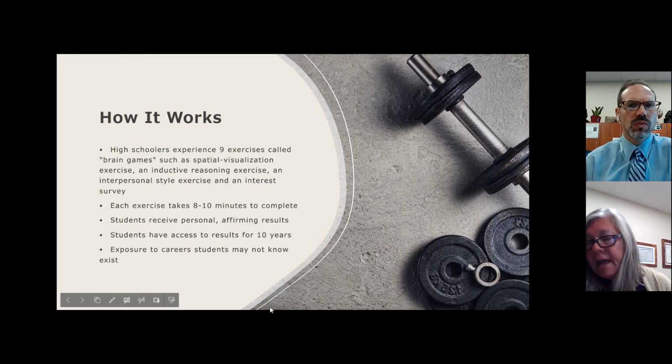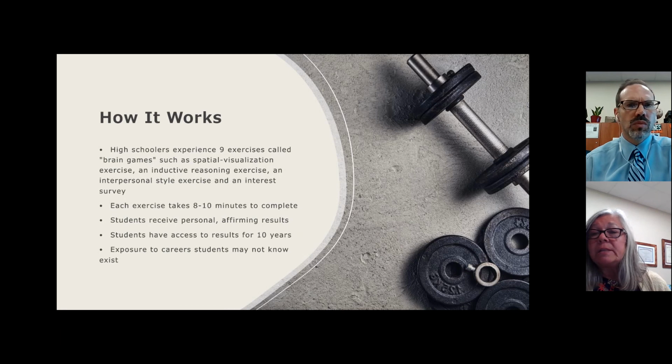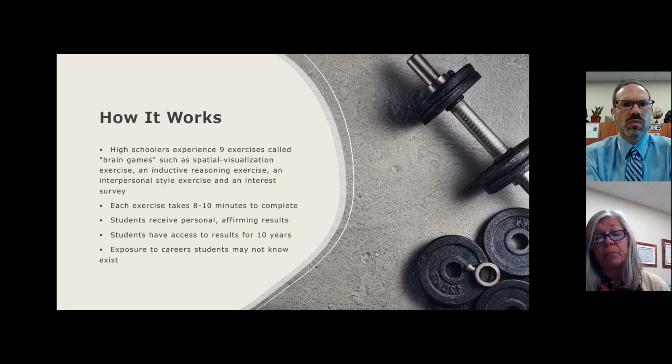So how does it actually work? What really happens with YouScience? High schoolers will experience 9 different brain games, 9 different exercises. There's a spatial visualization exercise. There's an inductive reasoning exercise. There's an interpersonal style exercise. There's an interest survey. 9 different brain games for high schoolers.